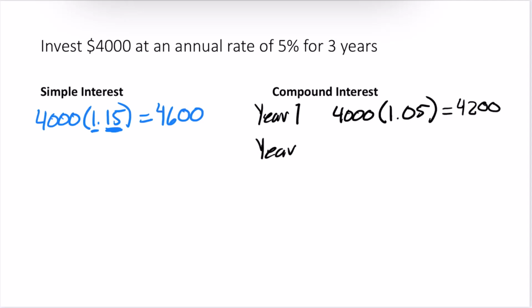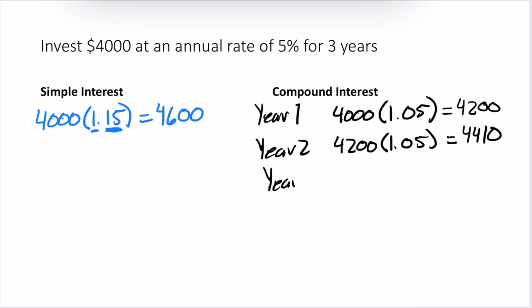And then at the end of the second year, we would take that amount and multiply it by 105%. Again, that's 100% because we keep all of the money that's in the account, and then we also have an additional 5% for the interest. And when we multiply those together, we get 4,410.